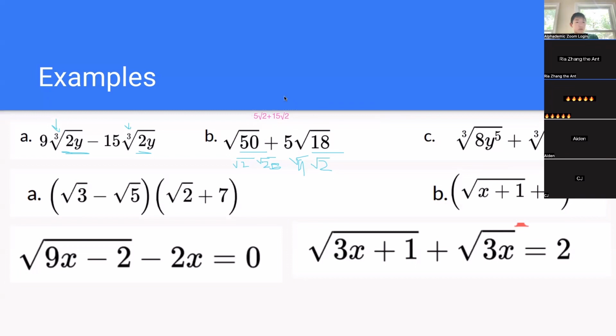And all of a sudden you can combine them and you would just get 20 root 2. So make sure that when you're looking at these problems, don't just look at it and say, oh, the radicand, the number inside, is different, I can't simplify it. Make sure that you look closely, see if there are any numbers that can be square rooted very nicely and taken out.